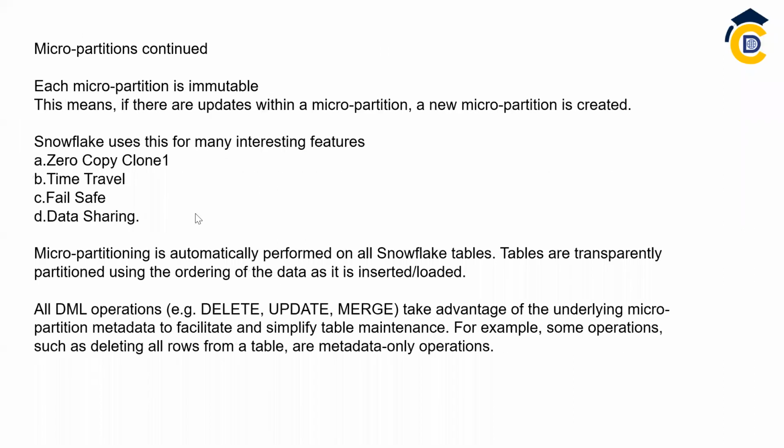See, each micro partition is immutable. I just explained what it means. This means if there are updates within a micro partition, a new micro partition is created and the old one is marked for deletion.